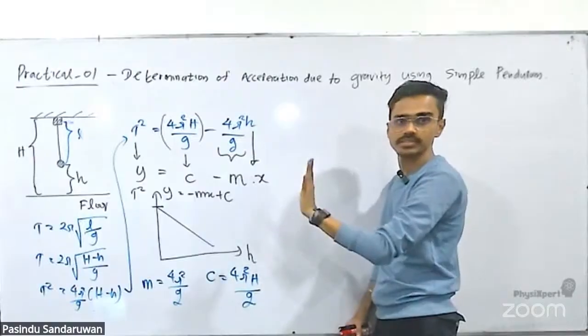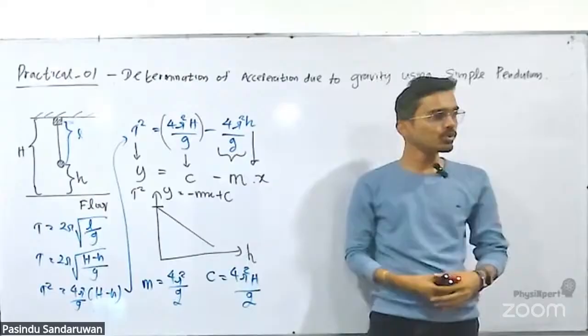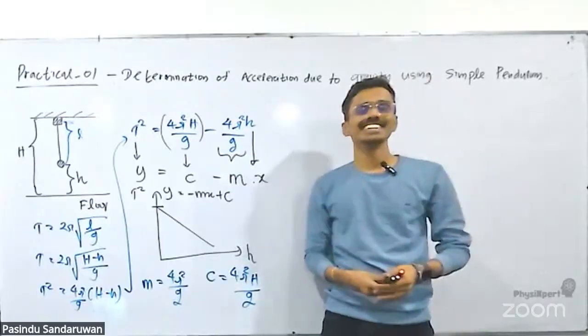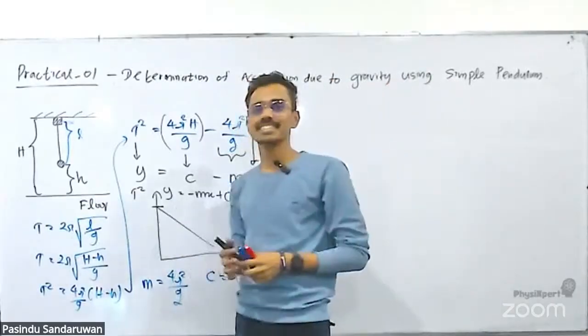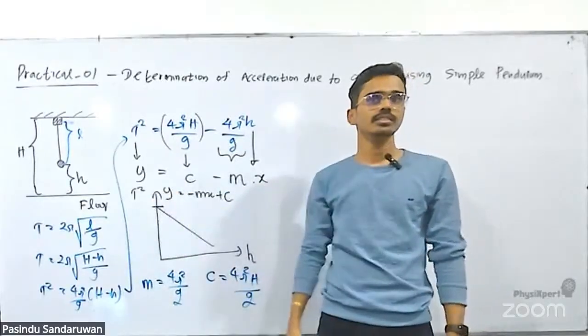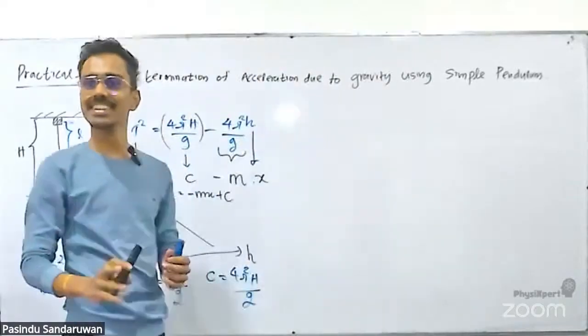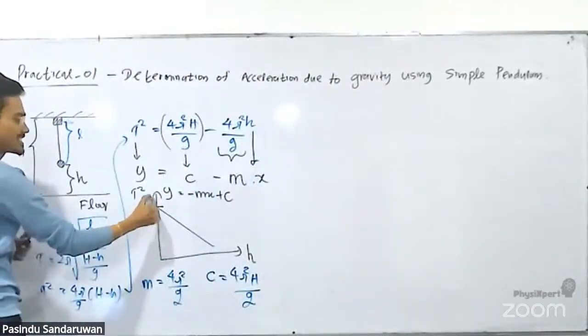Can or can't? Why can't we? We can. The graph is there. Don't you know the intercept of the graph? We know. So we can.